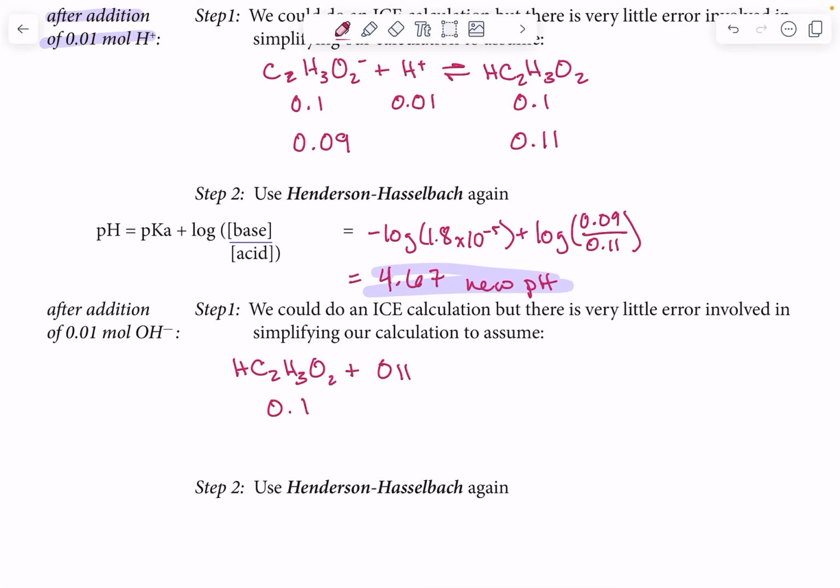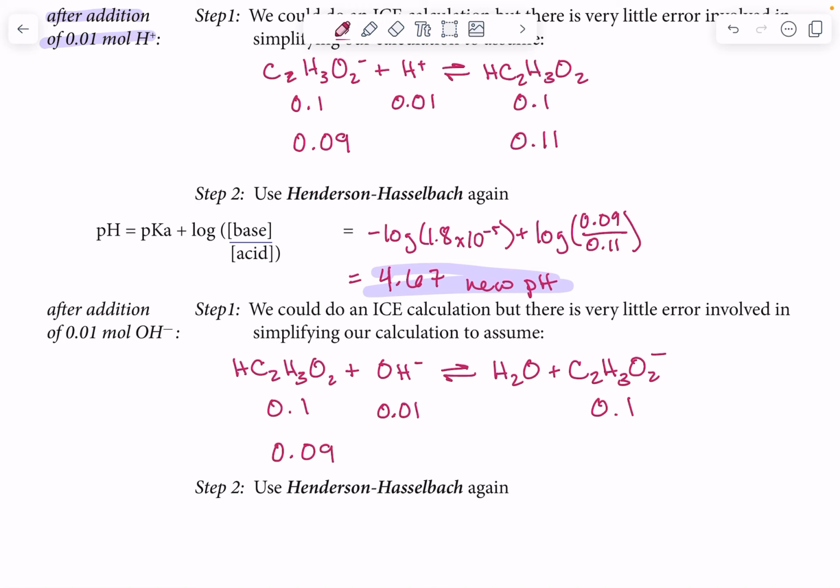We're going to add some hydroxide, specifically 0.01 moles of hydroxide. That is going to use up our hydrogen, it's going to form water, and we're going to get our conjugate base anion here, which has an original concentration of 0.1. So, kind of a baby ice table here. We're going to use up the base with some of our acid, so that means our acid is going to go down to 0.09.